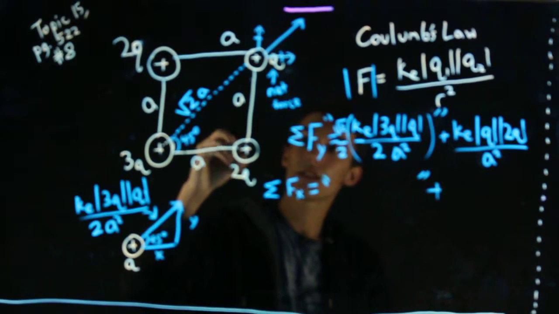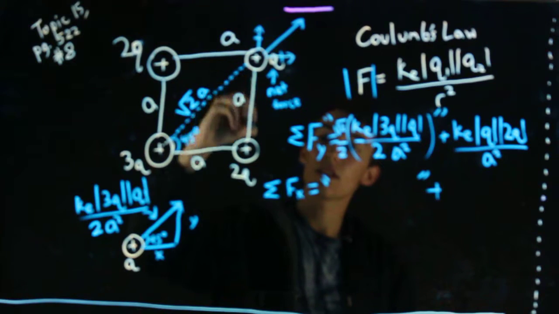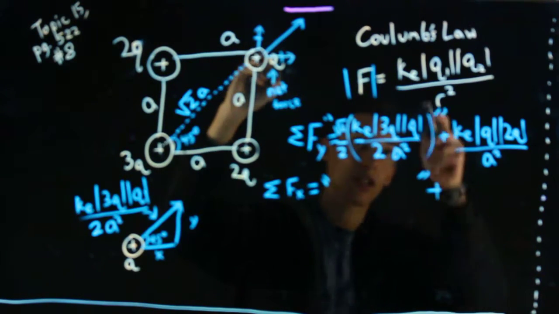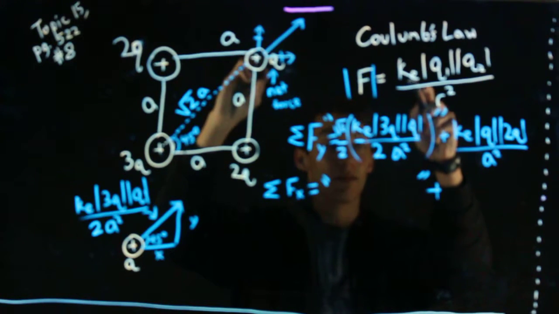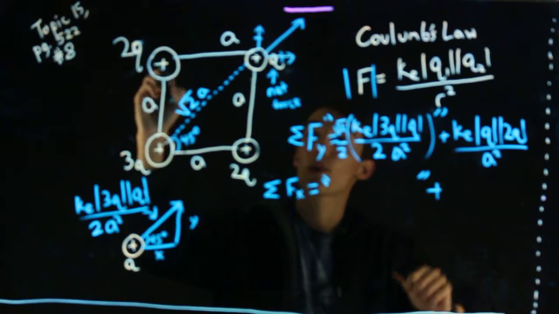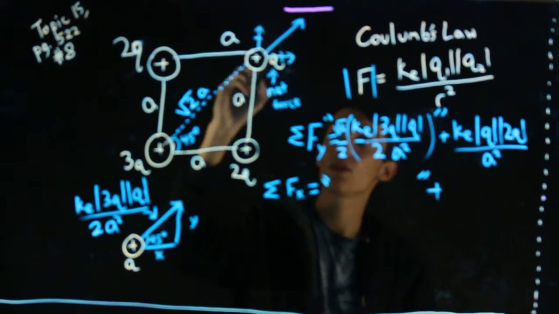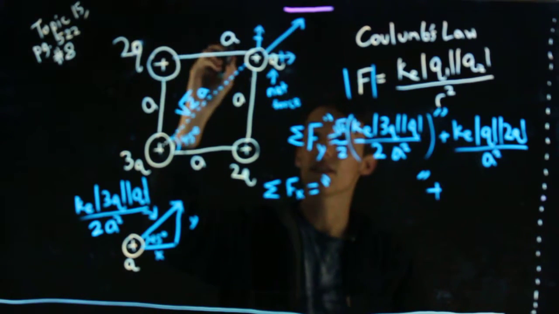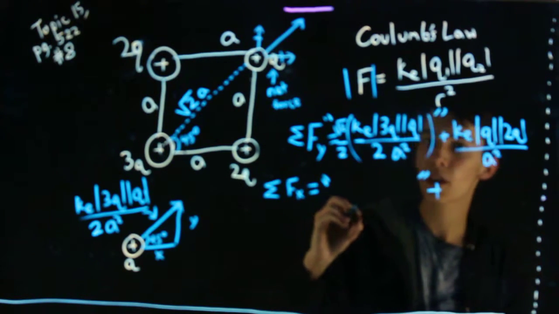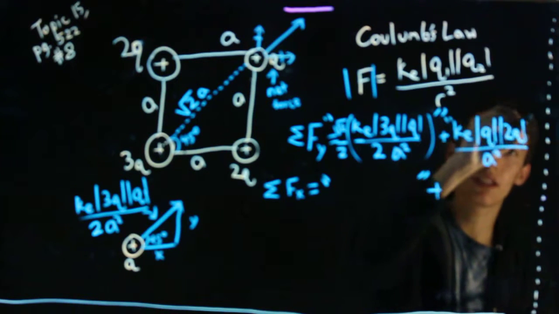And since the interaction of these charges is 2q, q, that's the magnitude of our charges. We have the same electric constant because it's a constant, and we have the distance of a squared. The same thing is in the horizontal direction: 2q, q, and the distance here is a. And we're going to square that to also get an a squared. So we know that this magnitude is also the same.